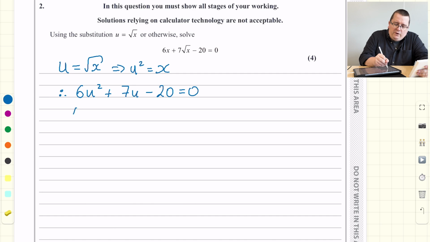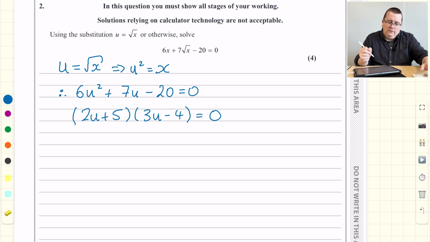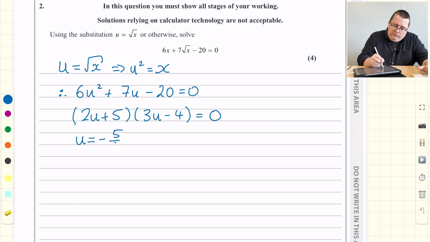So if minus 5/2 is a solution, then 2u plus 5 must be one of the brackets. And if 4/3 is the solution, then 3u minus 4 must be one of the brackets. Okay, so u is equal to minus 5/2, or u is equal to 4/3.